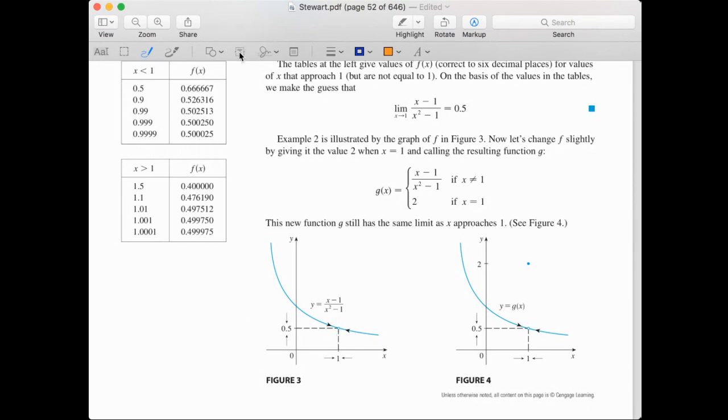So this situation is different, right? Remember, we have the first situation. Let me make a list here.